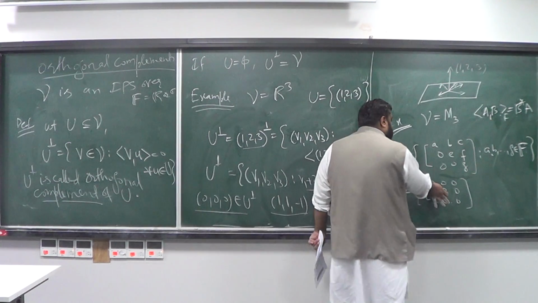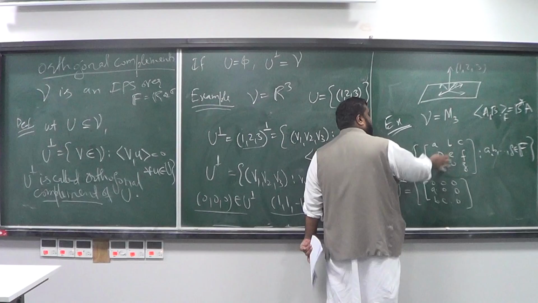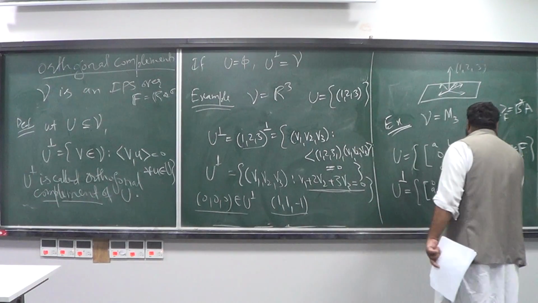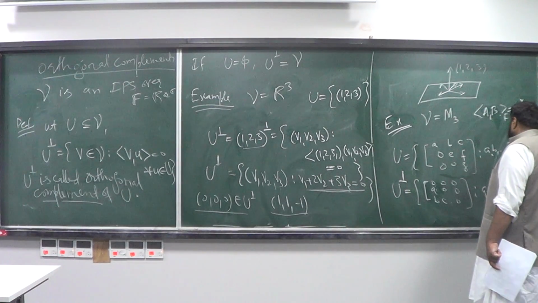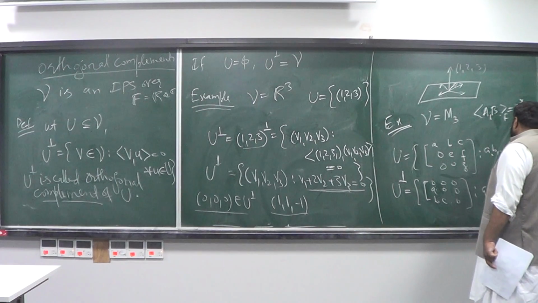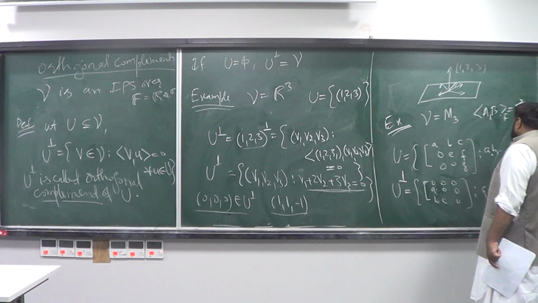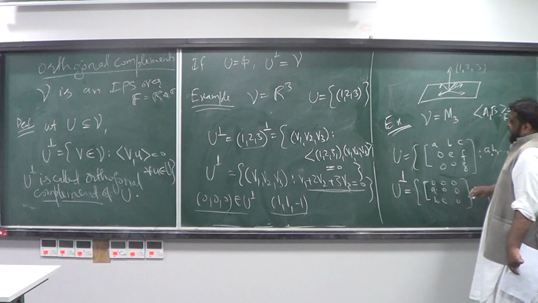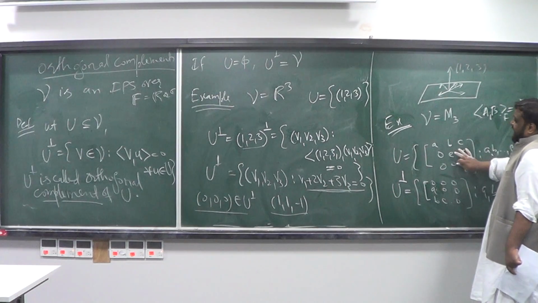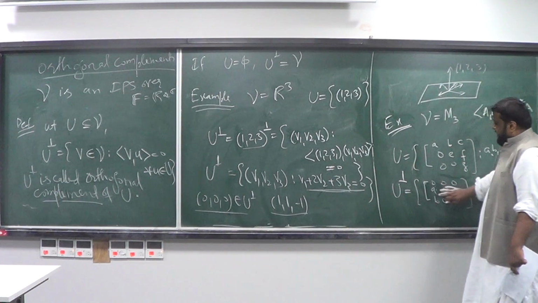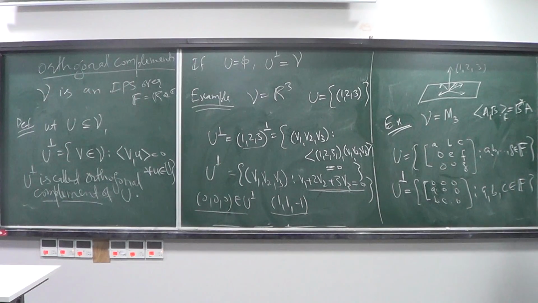So if you take any matrix of this form and multiply with this, you're going to get a 0. So I can say that for this set, the U perp is such kind of matrices actually, and hence you can have it the other way around as well.